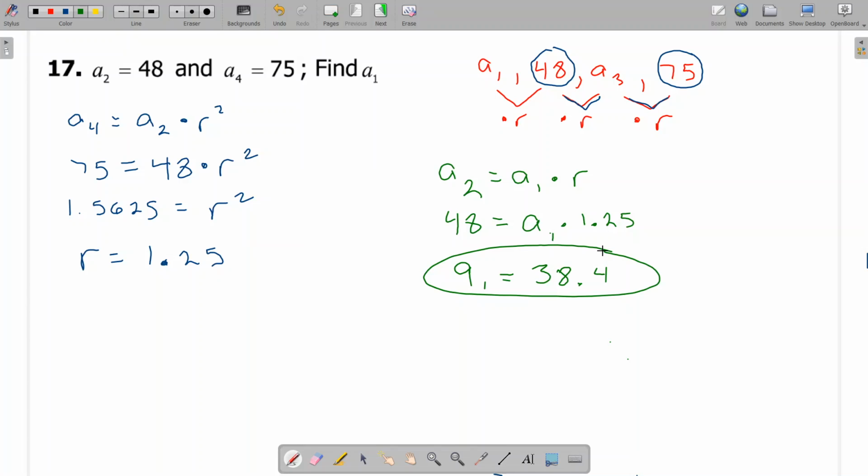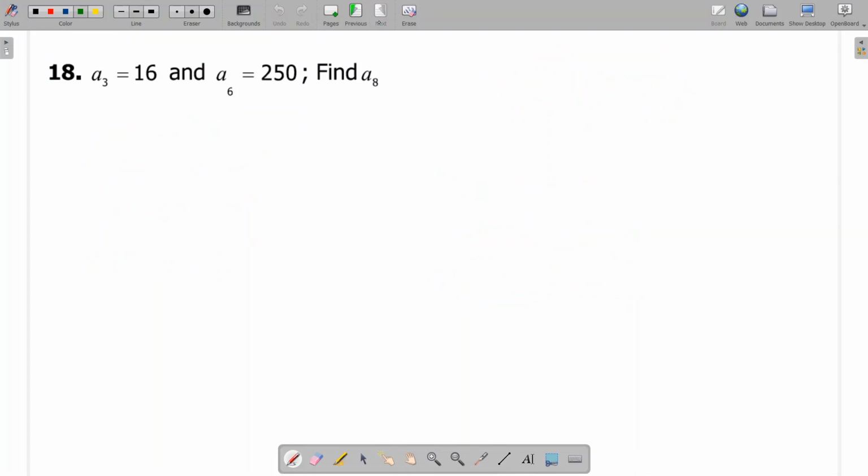It's definitely not straightforward, but this is a process that you can go through anytime you have some random terms in a given sequence. So if we look at 18, it's pretty similar. We have the third term and the sixth term. We want to know the eighth term. So again, I'm going to set up the relationship between the third term and the sixth term. How many times would I need to multiply the third term by r to get that sixth term?